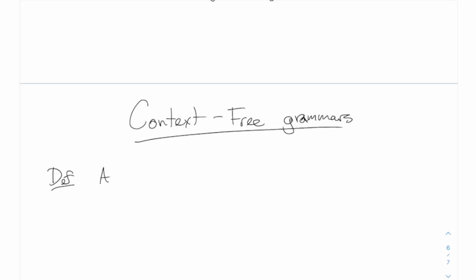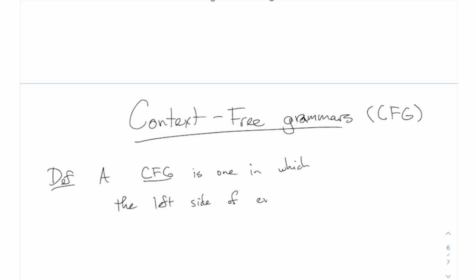A context-free grammar, which we're going to call CFG, is one in which the left side of every production, that is the arrows in the grammar, is a single non-terminal.